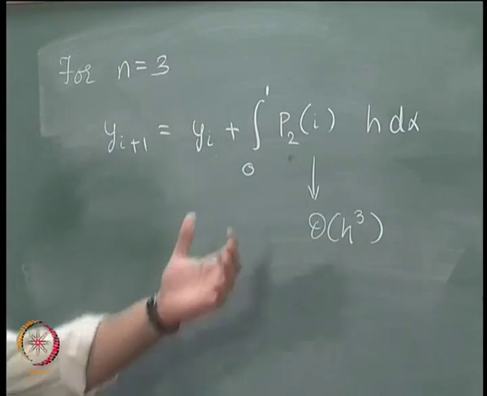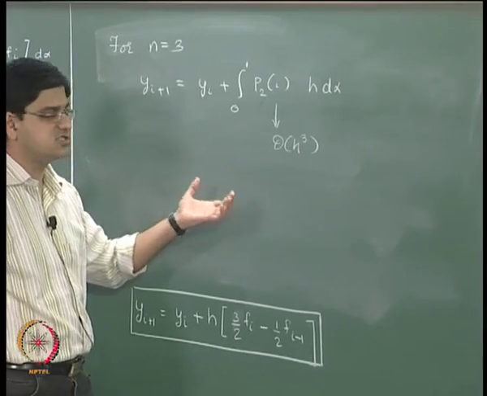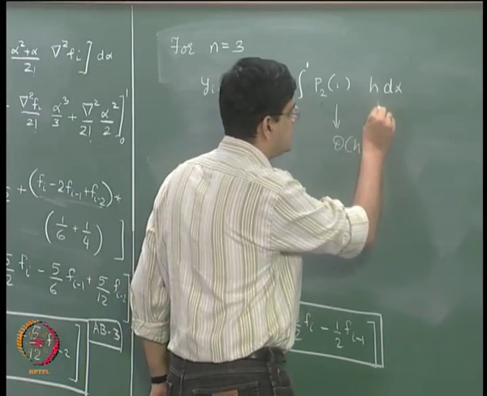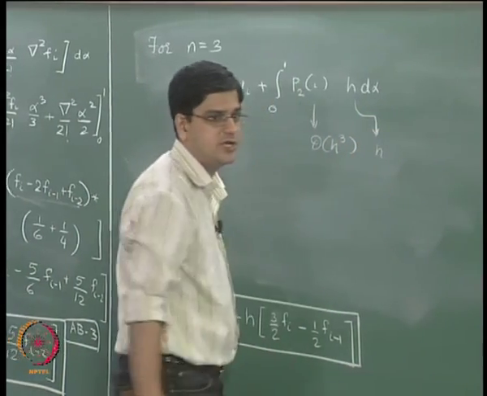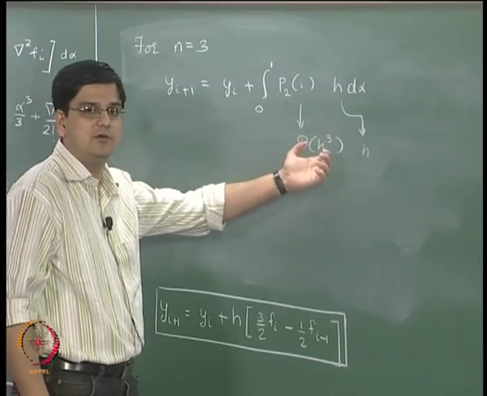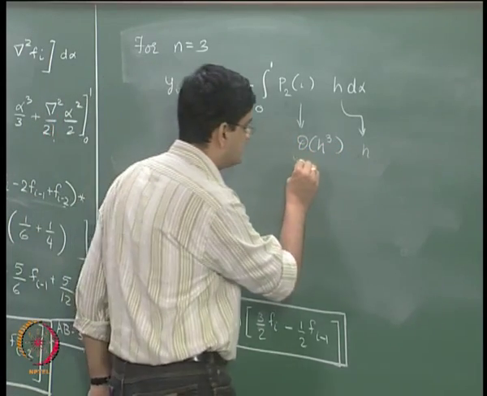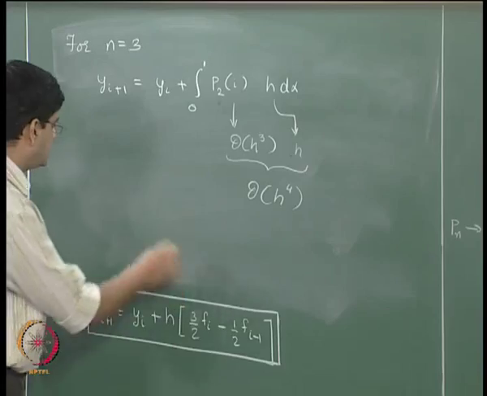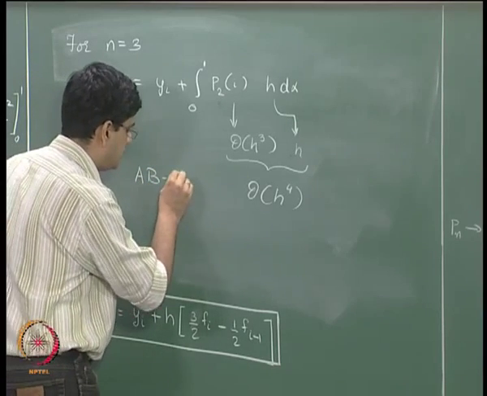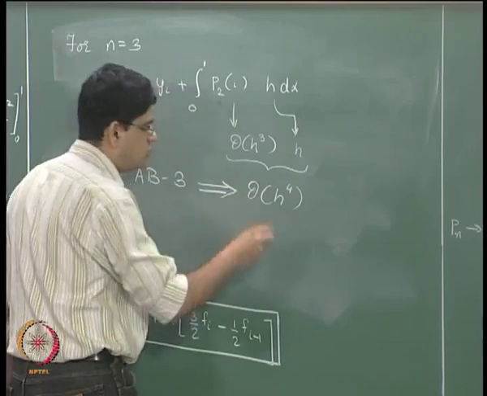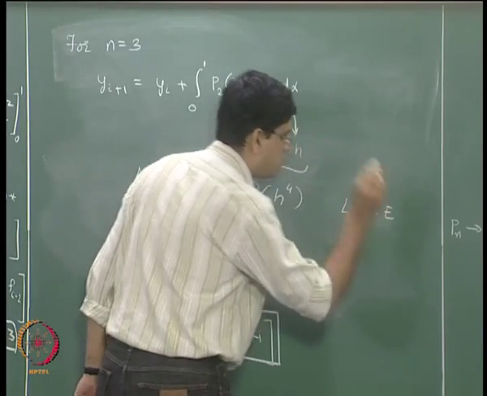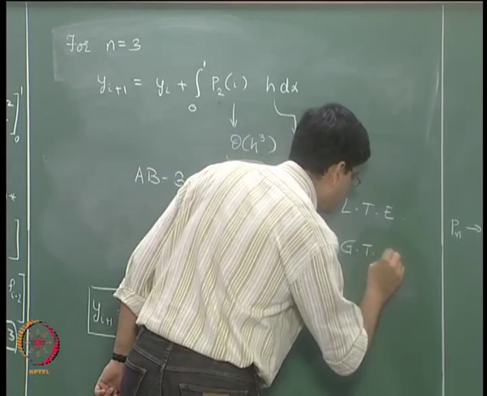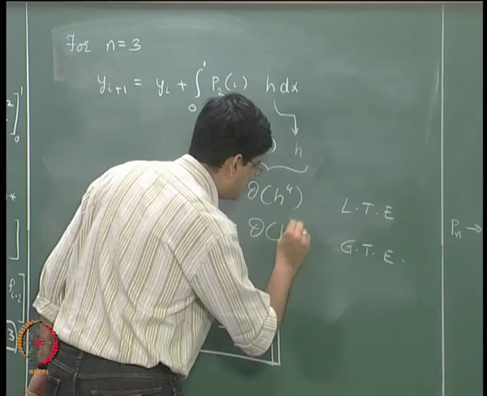This is what we had derived when we talked about the Newton's backward difference interpolating polynomials in module 6. Okay. And then there is this h term that comes over here. So, h multiplied by a number that is order of h cube accurate becomes order of h to the power 4 accurate. Okay. As a result, Adam-Bashforth method of order 3 has a local truncation error of h to the power 4, and the global truncation error is going to be of the order of h to the power 3.